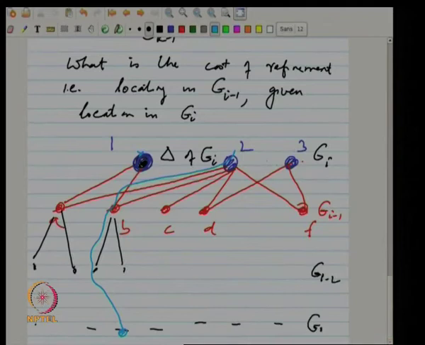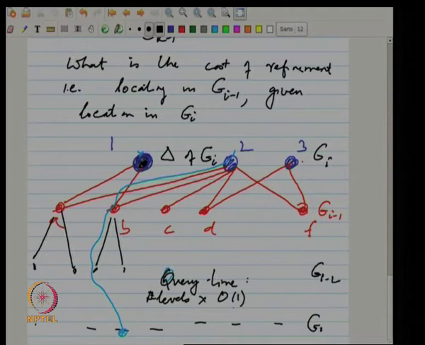So, the query time is number of levels times order 1, and since the number of levels is order log n, the whole thing is order log n.